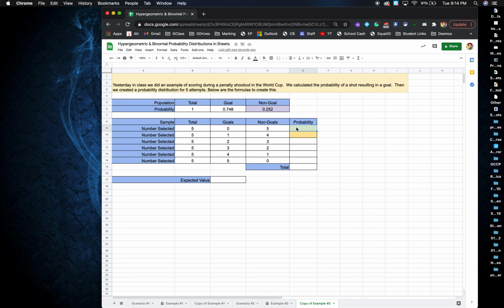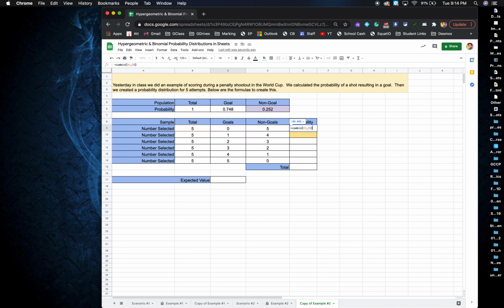So in order to do binomial, again, we have to first calculate the number of paths that will lead to that particular event. And by event, I mean that particular number of goals out of the 5 shots. Okay, so we figured out in class today that that's a combination. So it's going to be, again, combin. And in this case, it's going to be 5 total shots, choose 0 that go in.